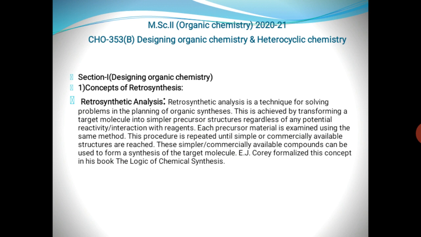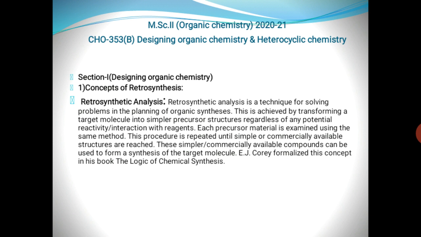Now we will start the syllabus for section first, which is designing organic synthesis. In that, the first chapter is concept of retrosynthesis, and the first point is retrosynthetic analysis. Retrosynthetic analysis is a technique for solving problems in the planning of organic synthesis. This is achieved by transforming a target molecule into simpler precursor structures regardless of any potential reactivity interaction with reagents.